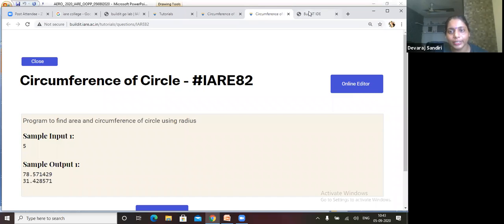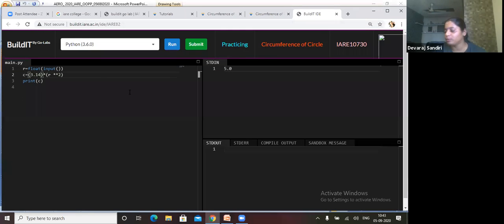Circumference you can do yourself. Circumference formula, but you have to write it in brackets. Every formula you have to write in brackets, then only it is accepting. See, the main problem in Python is that when you change versions, you will find some differences. 3.6 to 3.8.